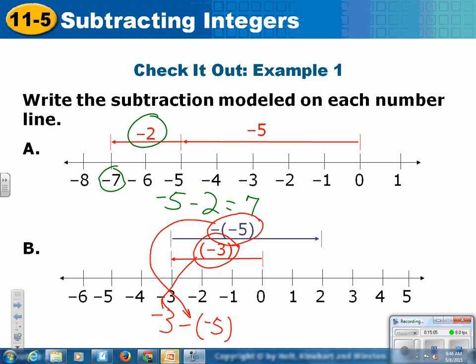That is exactly what I wrote. Equals. Where did I end up? 2. Look. That's exactly what I wrote. Use the number line. Exactly. Minus a minus, you move to the right. Follow the cheat sheet. Minus a minus, you move to the right.